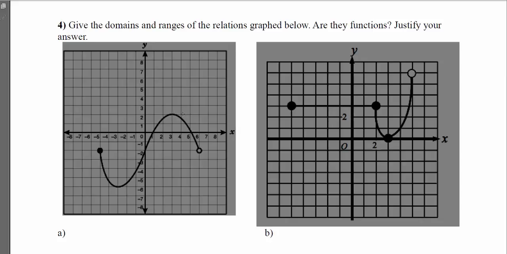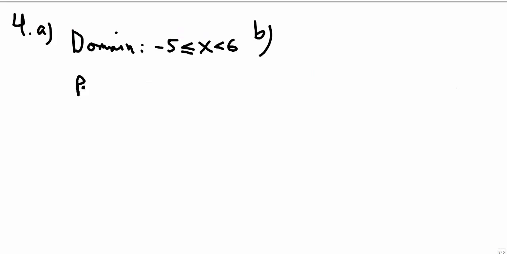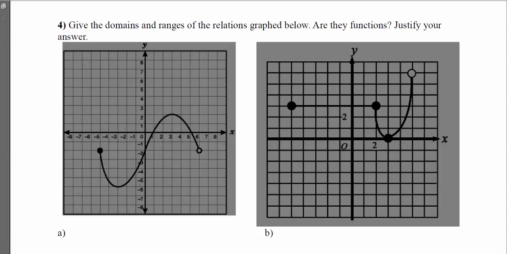So from minus 6 to 2, range, and we said minus 6 is less than or equal to, it includes minus 6, y less than or equal to 2. Let's check that again. From minus 6 to 2. That's correct.